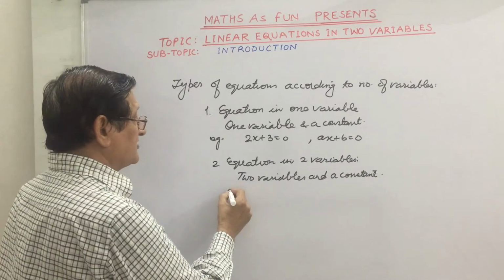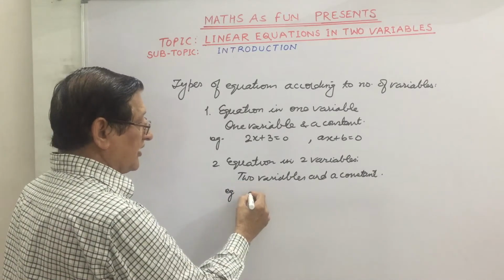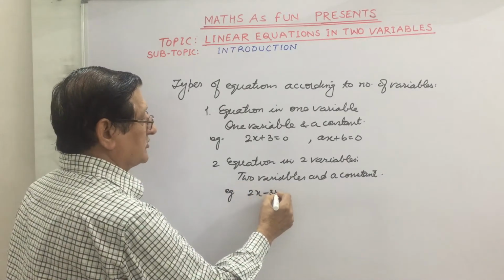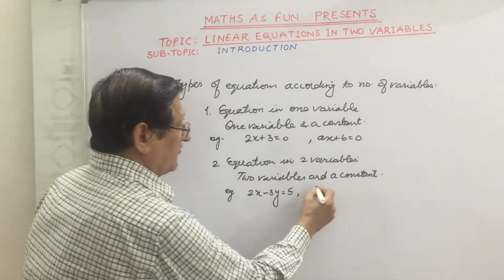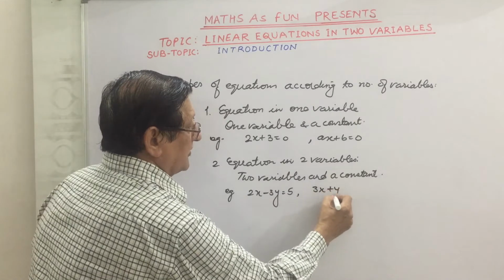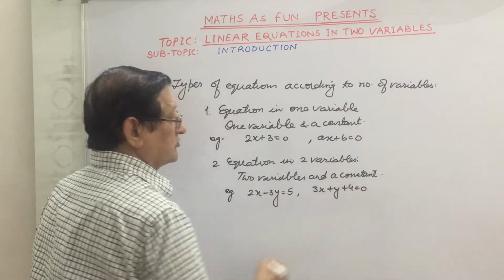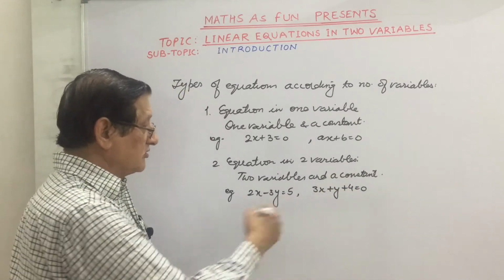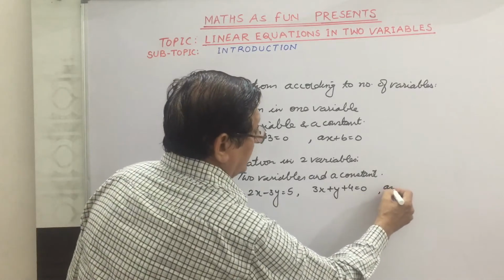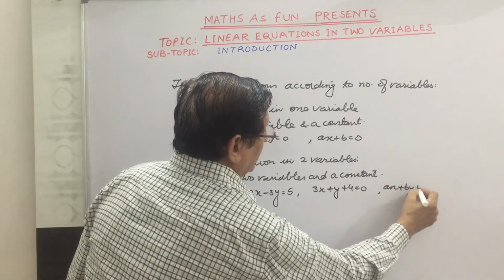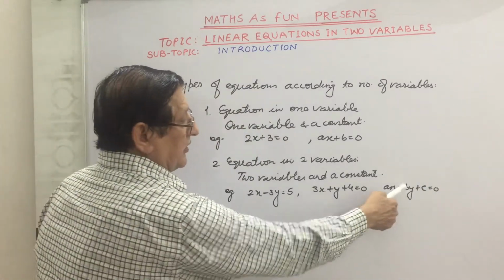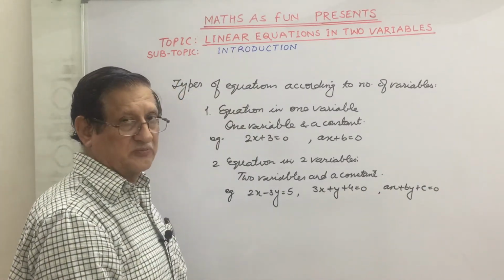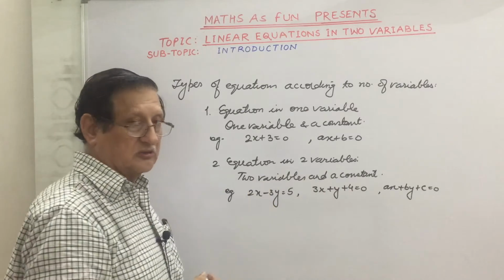For example, we have 2x minus 3y equal to 5, or we have 3x plus y plus 4 equal to 0. The general form of this can be given as ax plus by plus c equal to 0, where a and b are known as the coefficients of x and y respectively, and c is the constant term.